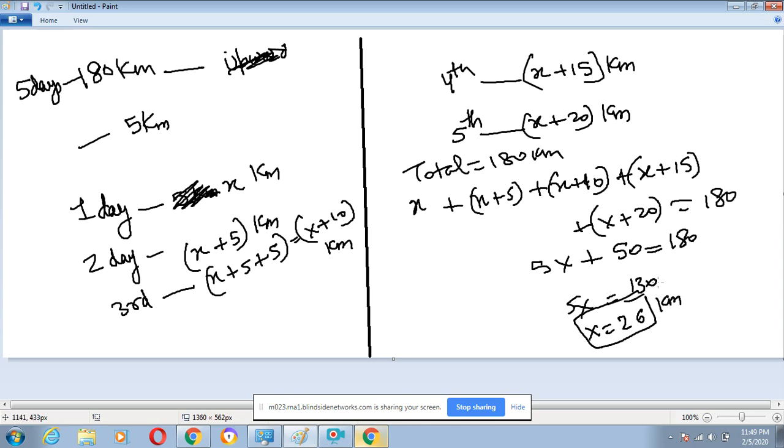So first day, how much? What is the last line saying? What do we have to find out? Find out how much he cycled the last day. Okay, last day is x plus 20. So fifth day, x plus 20. So 26 plus 20, 46. Is it correct?